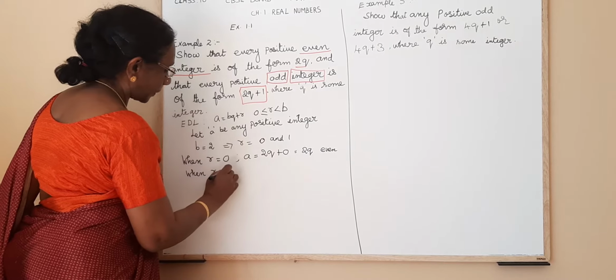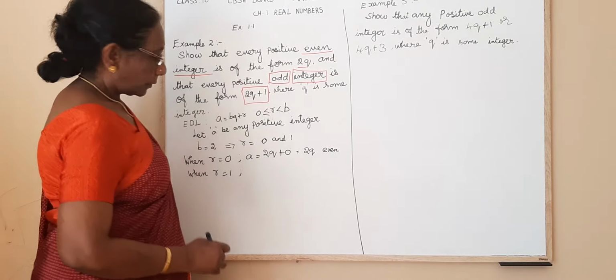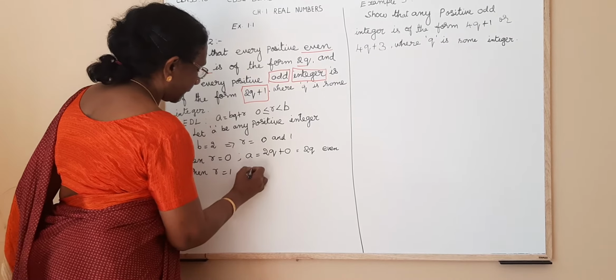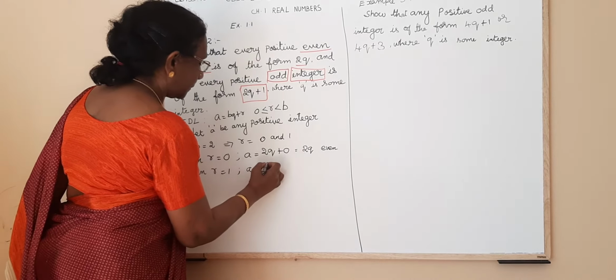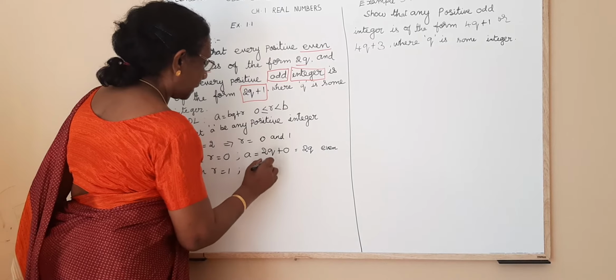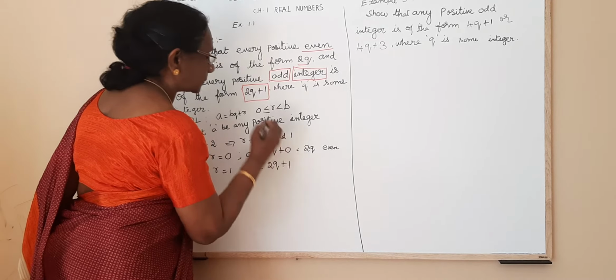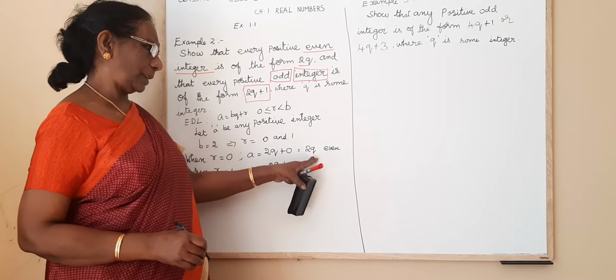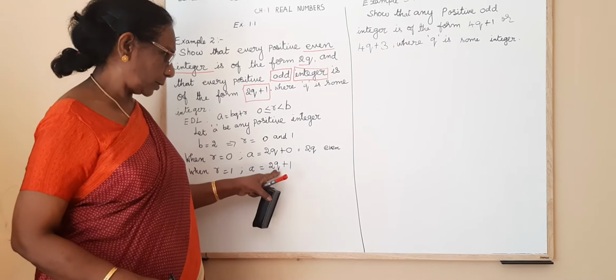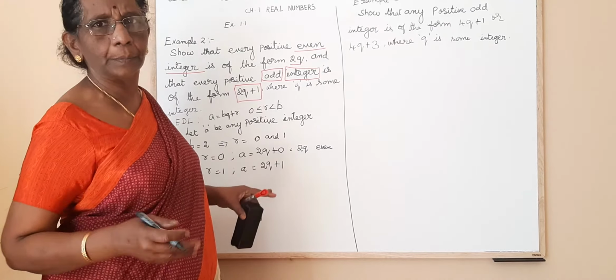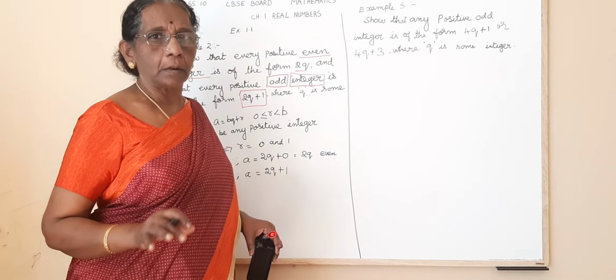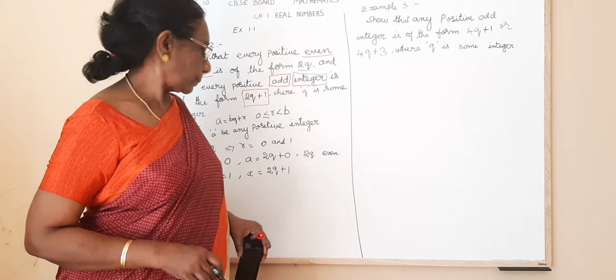Now let us write A when the remainder is 1. When R is equal to 1, what will A be? A is equal to BQ plus R. B is 2, so 2Q plus 1. Here also this Q is any integer. It may be any number; Q has no particular specified value.